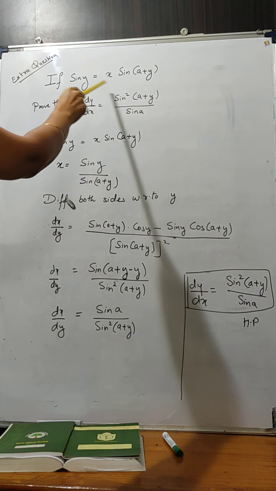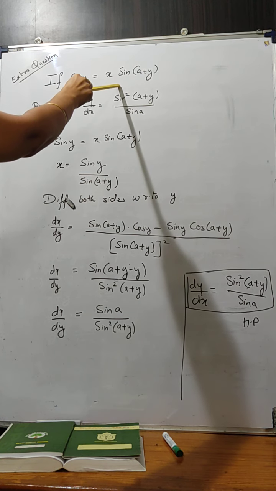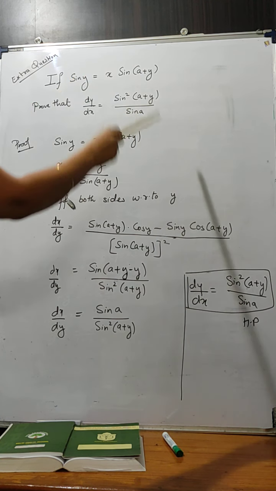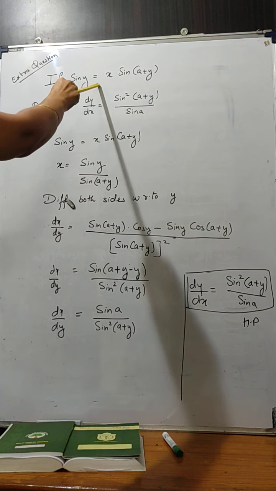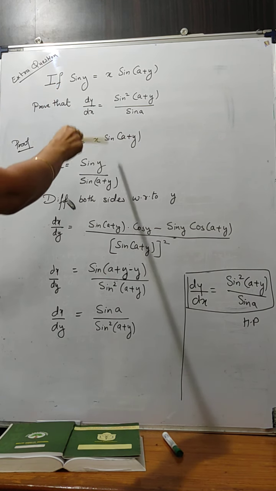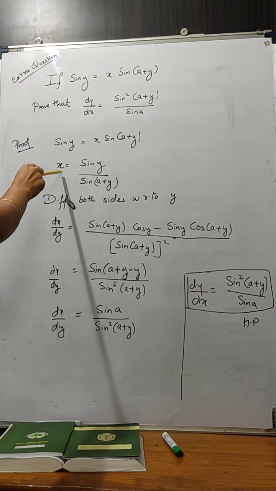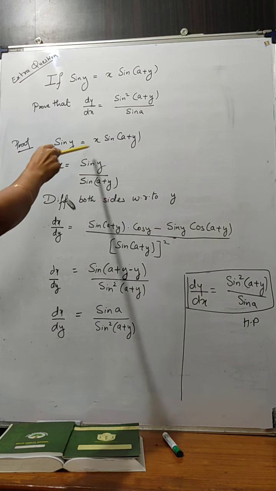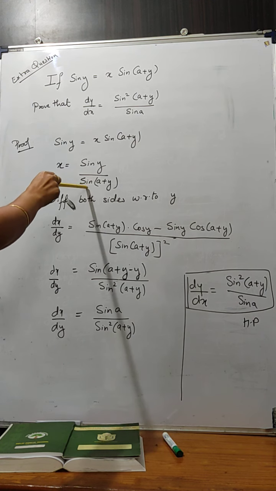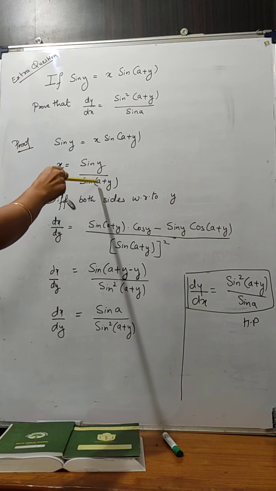Now look here, you can directly differentiate the function on both sides with respect to x, but that will go very lengthy. So we will modify the question in such a way that our solution part is very small. I have taken x equal to sin y upon sin of a plus y.